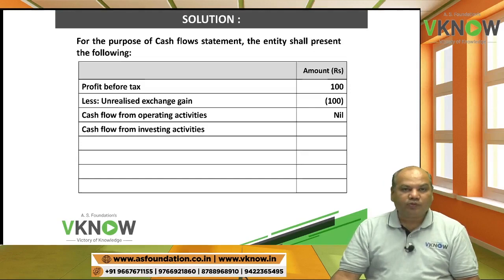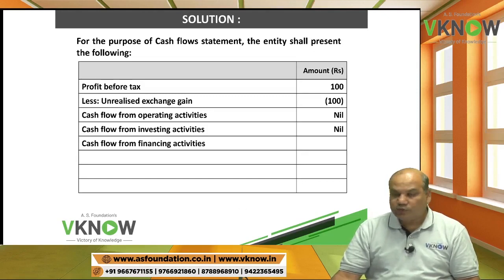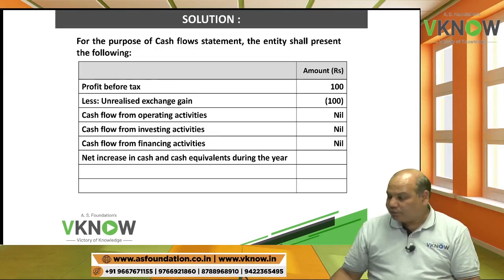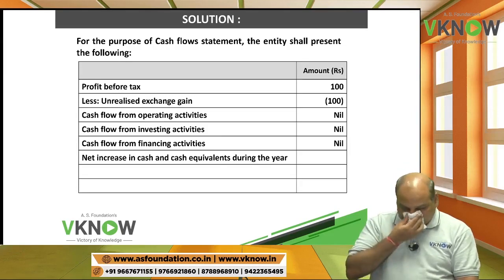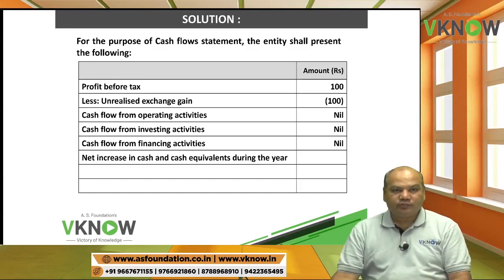Cash flow from investing activities. In this question 0. Cash flow from financing activities in this question 0. Nothing is given. Therefore, net increase or decrease in cash and cash equivalent.